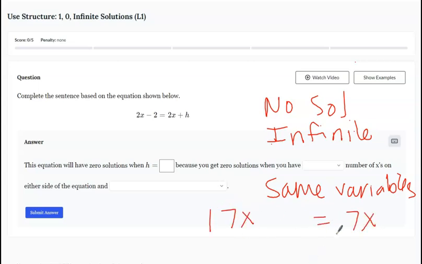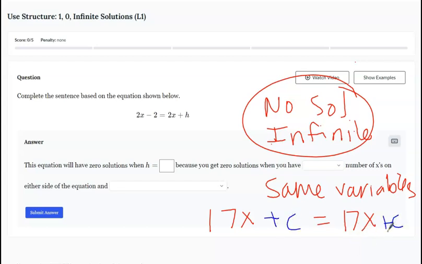If I have a 17x on the left, a 17x on the right. If I have a 317 on the left, but a different number on the right, then that has one solution. But if we have the same variables on both sides, then we don't know whether we have infinite solutions or no solutions. How we would decide is by looking at the constant.